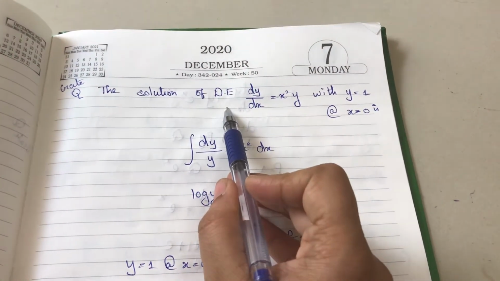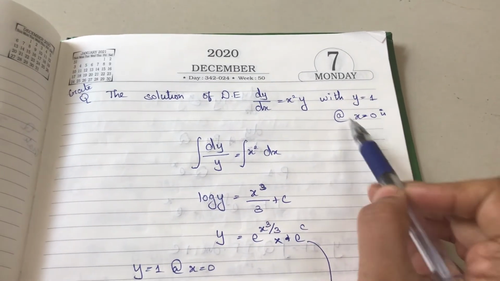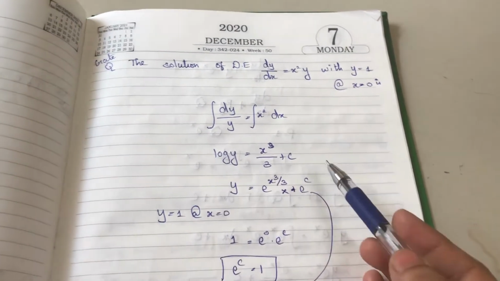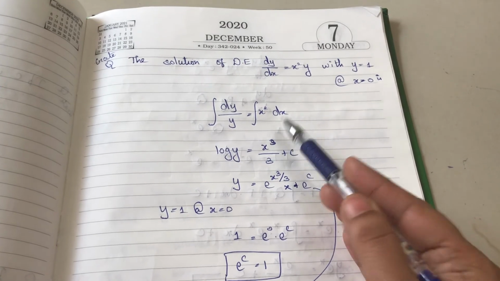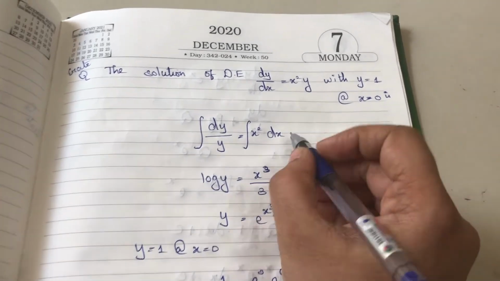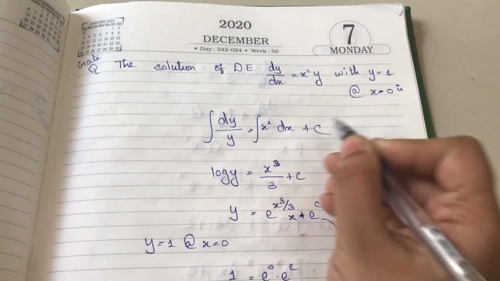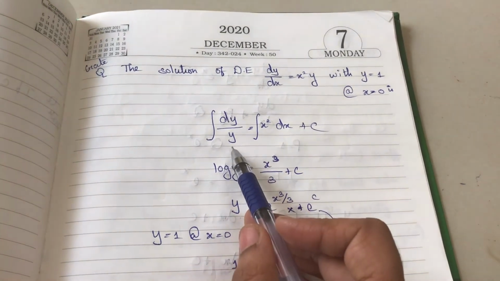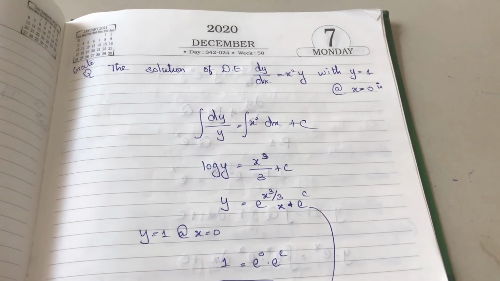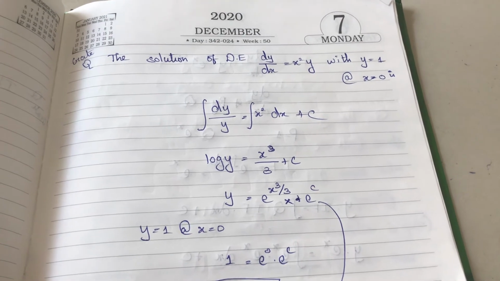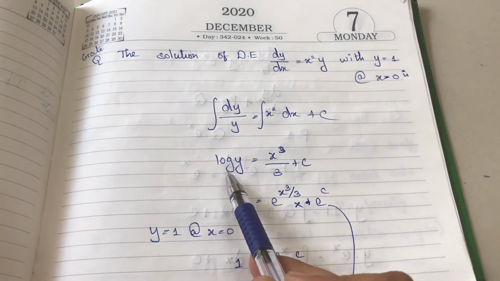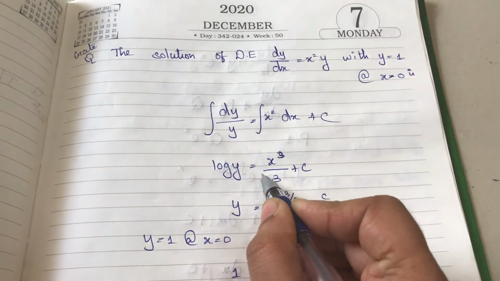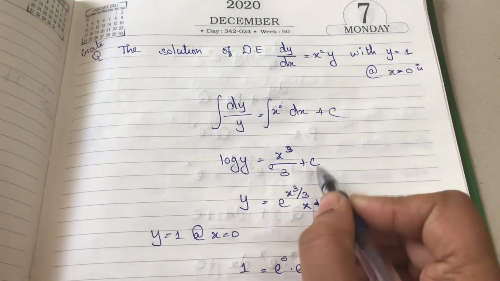Okay, let's see another sum. The solution of the DE, they have given one solution. Just separate it and make the integration. If you integrate, just add plus c here, and then you can see here 1 by x is what? Log x. So 1 by y is what? Log y. After that I just need to remove this log. So I am bringing e to each term, e to the power of this whole.